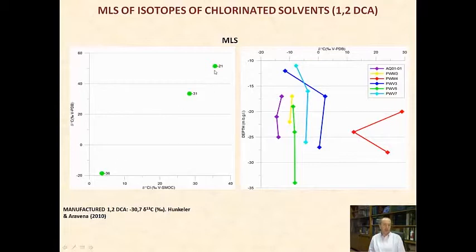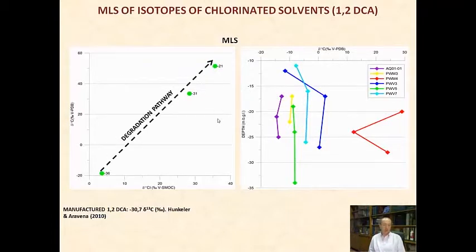This means that the biodegradation factor is very high in this well, and chlorine and carbon are also very enriched, which means that biodegradation appears from the deeper part of the aquifer going into the shallow part of the aquifer.